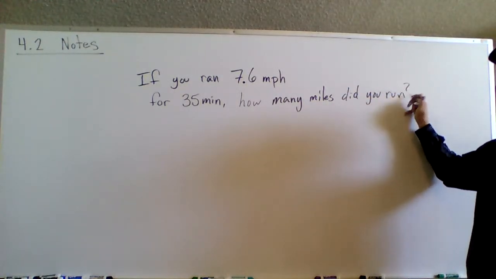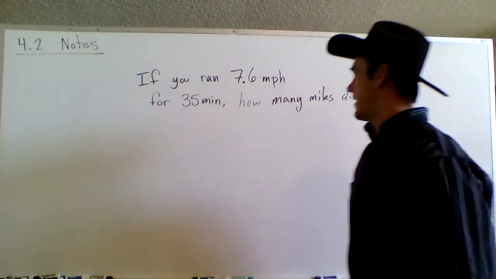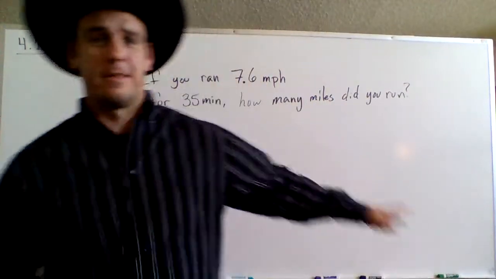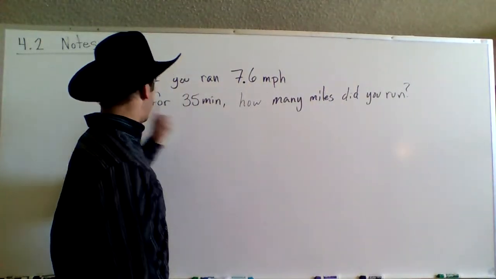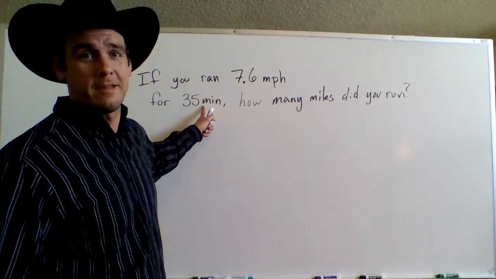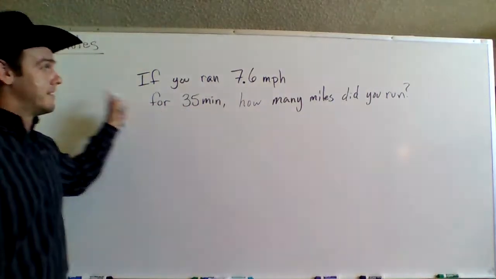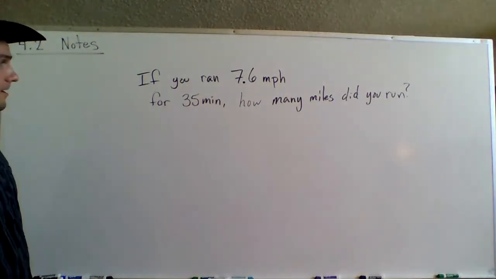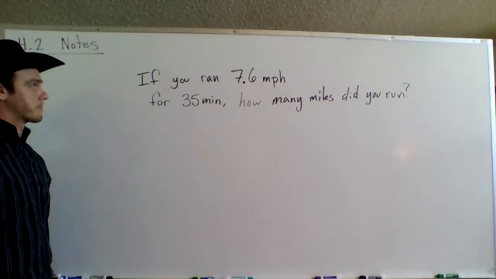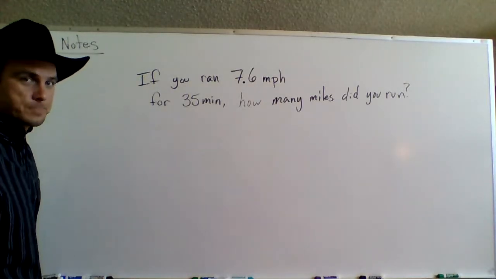This one would be like if you're running on the treadmill. I don't know how fast 7.6 is. I know I'm not running that fast. For 35 minutes, that seems like a long time to run if you ask me, but see if you guys figure this out. How many miles did you run? Pause the video, go for it.